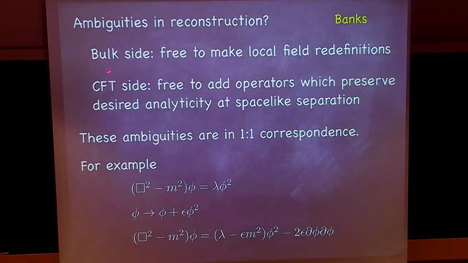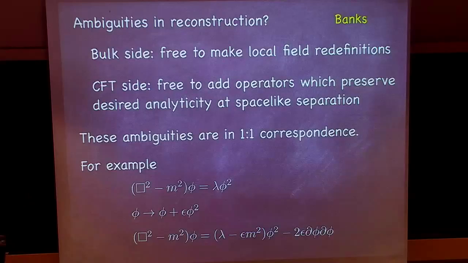On the bulk side, you're free to take some bulk theory and make local field redefinitions in the bulk. That will change the Lagrangian, change the equations of motion, but it really leaves the theory invariant. In flat space, it would leave the S matrix invariant. In AdS/CFT, I think the statement would be that the CFT correlators that you extract from that theory would be the same.